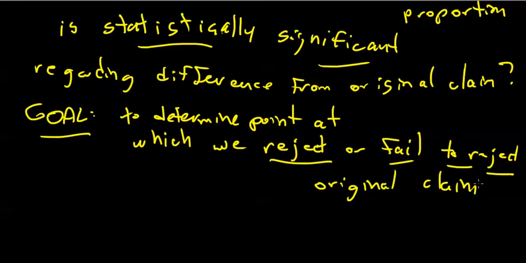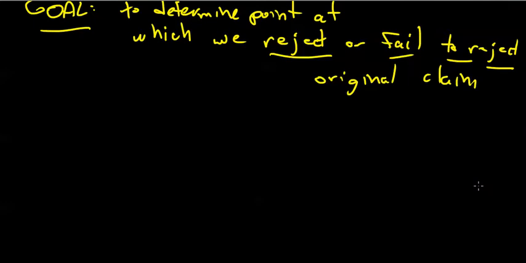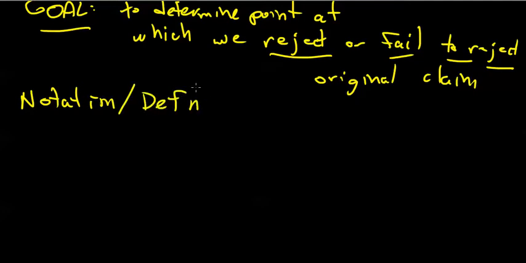We've got to get some notation and definitions down before we go on. Make a note here: notation and definitions. We already talked about hypothesis, and some branches of sciences call this an educated guess. Not really.